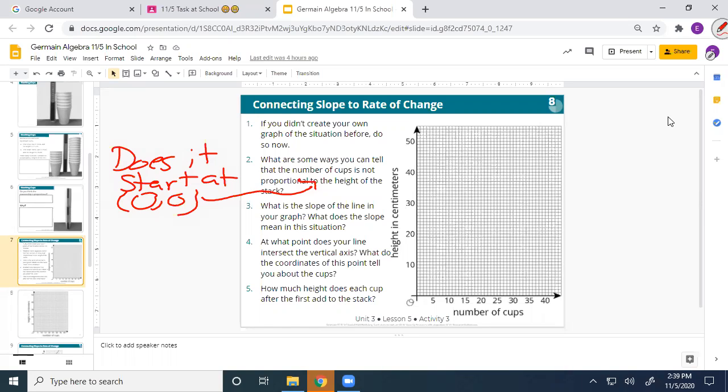Our rate of change is always going to be attached to a variable. So if I'm thinking back to my equation that I wrote for this story, y equals 1.5x plus 8, what would be my rate of change, or that amount that I'm adding every time I add a cup? Melina. 1.5. And why do you think that?